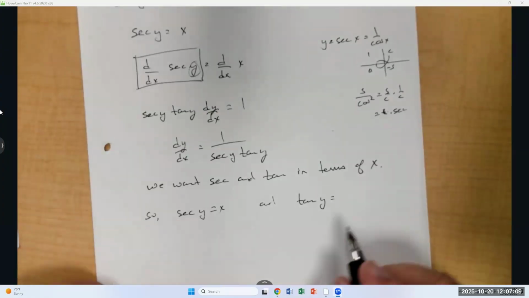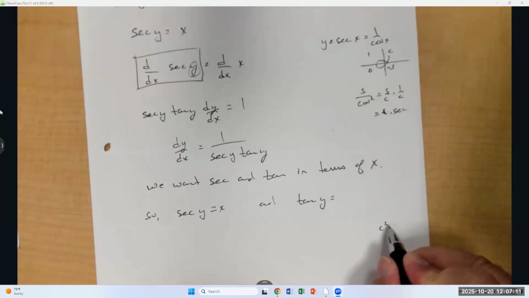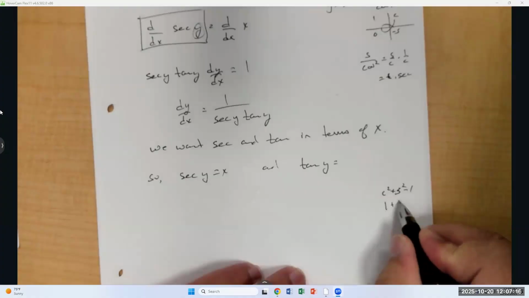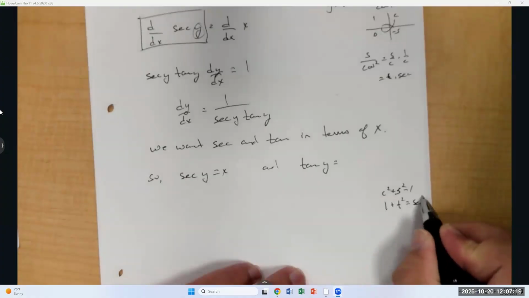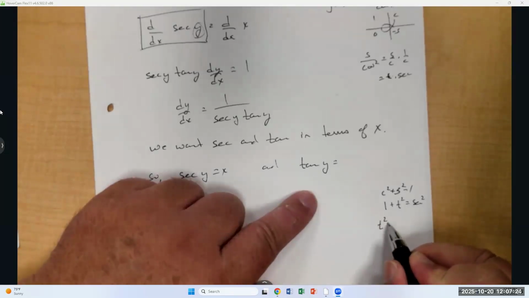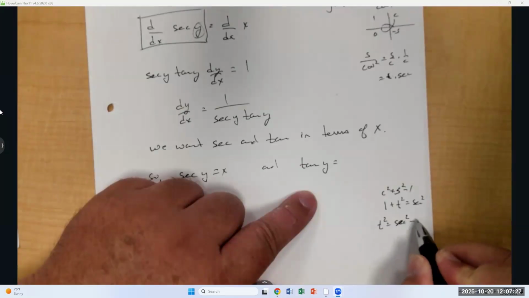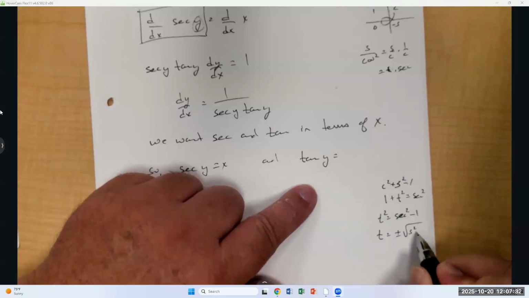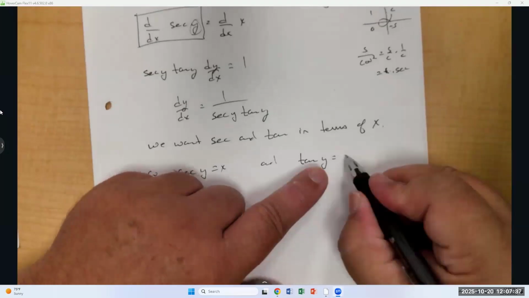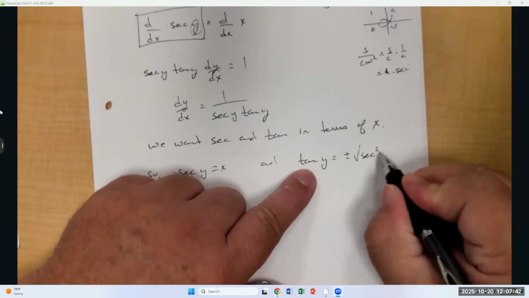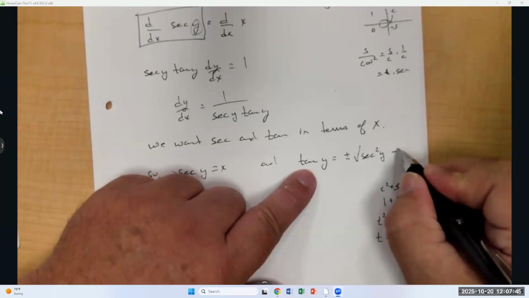So using our identities, we have cosine squared plus sine squared equals 1. Divide everything by cosine squared, so tangent squared plus 1 equals secant squared. So tangent is equal to plus or minus square root of secant squared minus 1. So tangent y is the same thing as plus or minus square root of secant squared y minus 1.